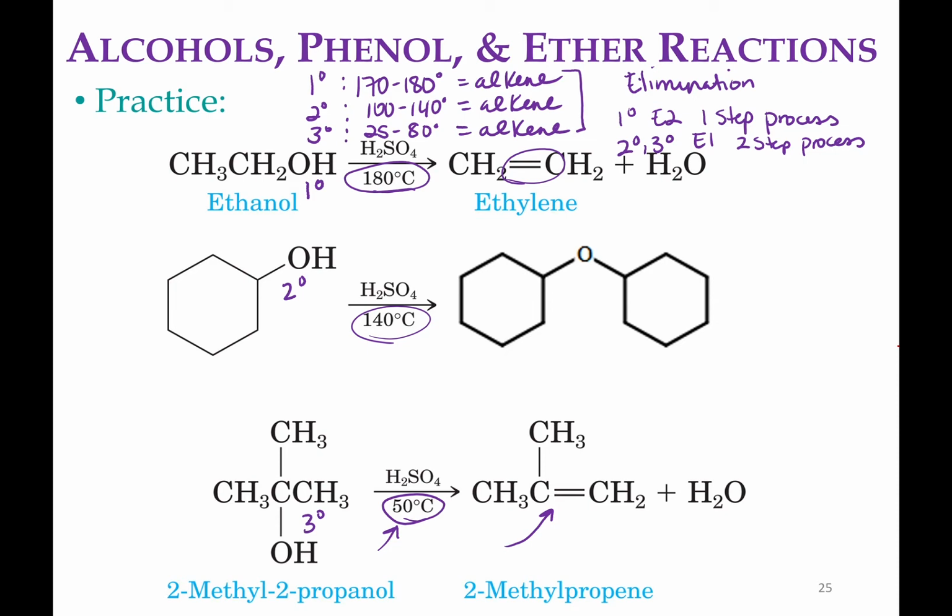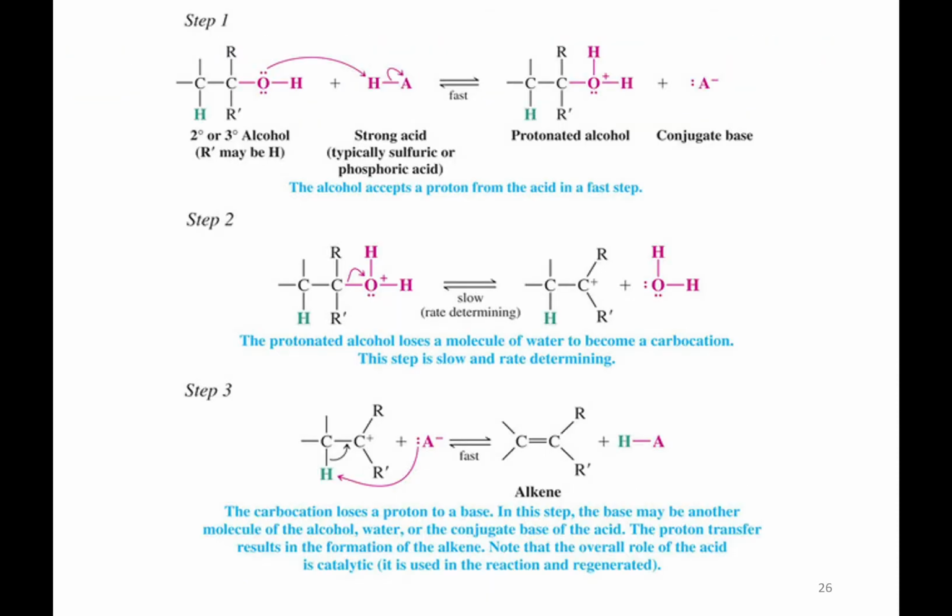So primary, secondary, tertiary matter, and the mechanism for this is going to be for the E1, so this is our two-step process. We're starting with a secondary or tertiary alcohol. The R group here can be a hydrogen, but this one cannot and this one is not. Okay? So here we have our strong acid.